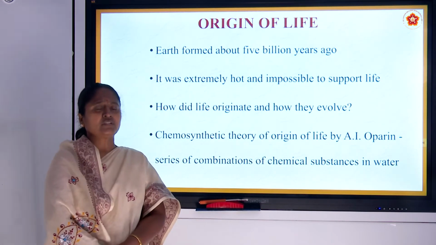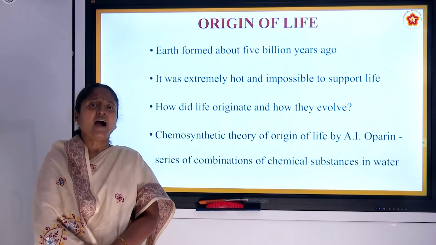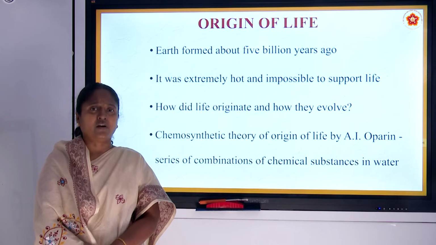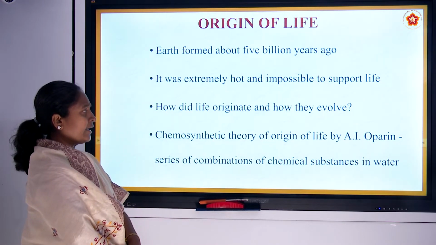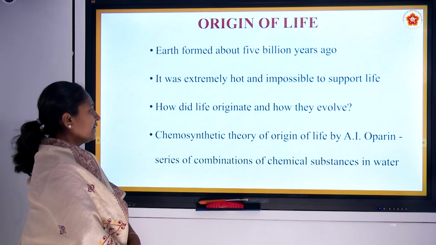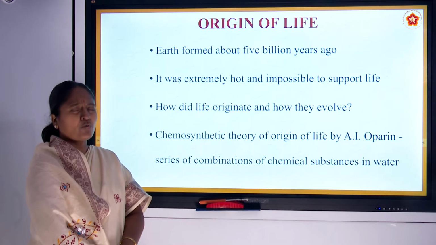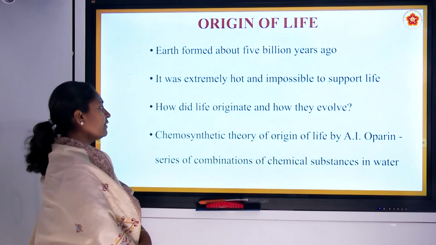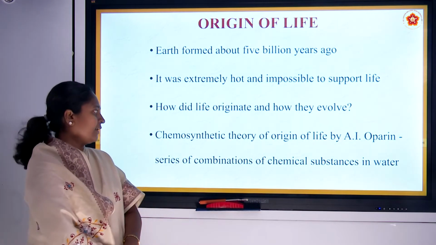What this chemosynthetic theory tells, with scientific proof, is how the organisms have evolved. This chemosynthetic theory was given by A.I. Oparin, and he did certain experiments, explored things, and then coined this chemosynthetic theory about the origin of life.